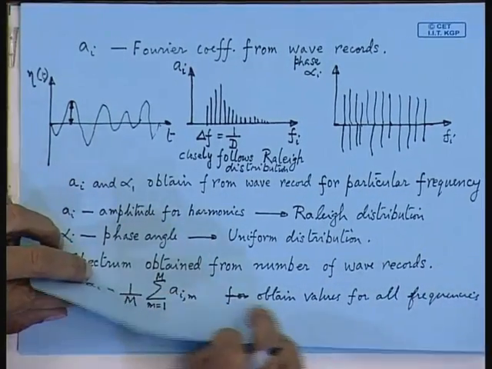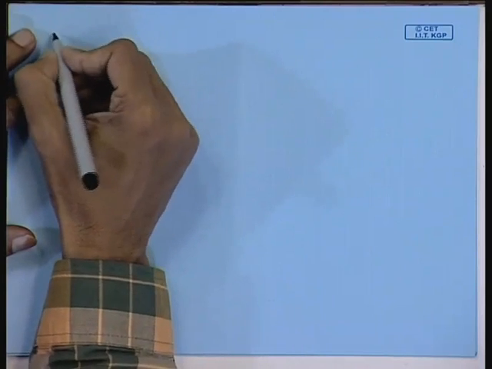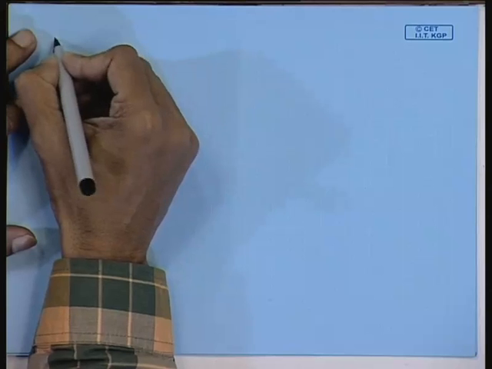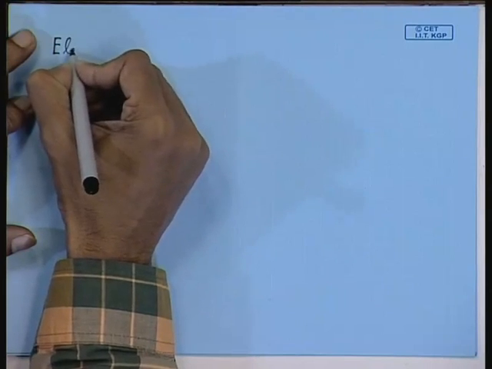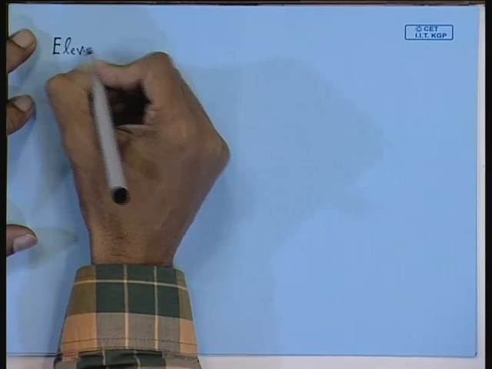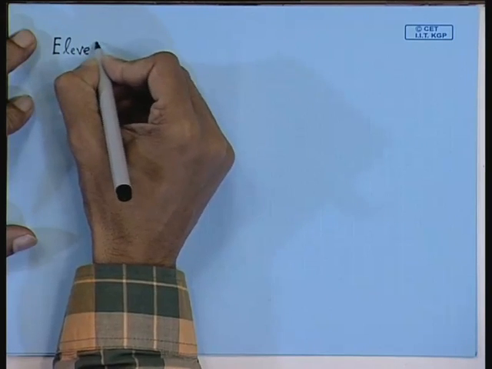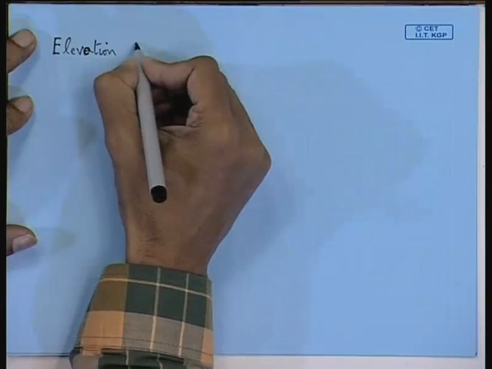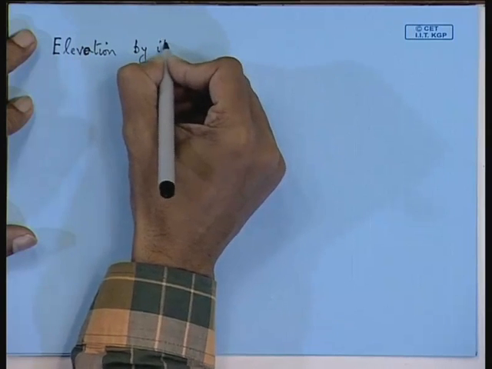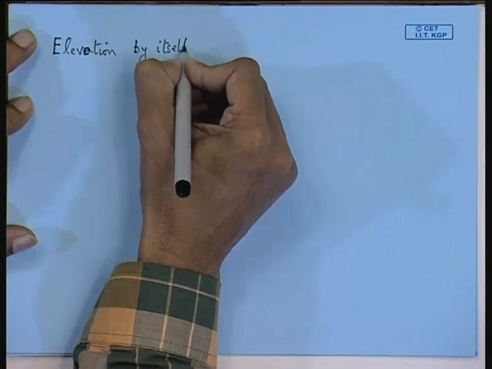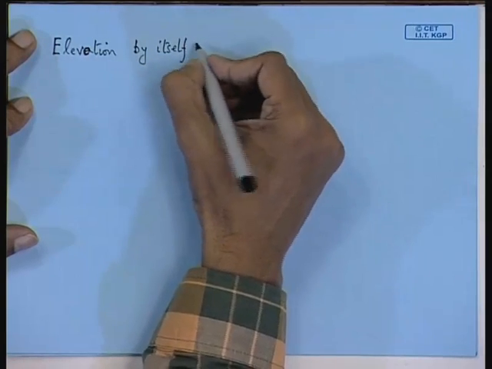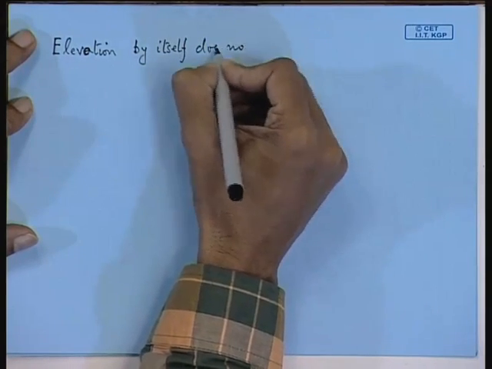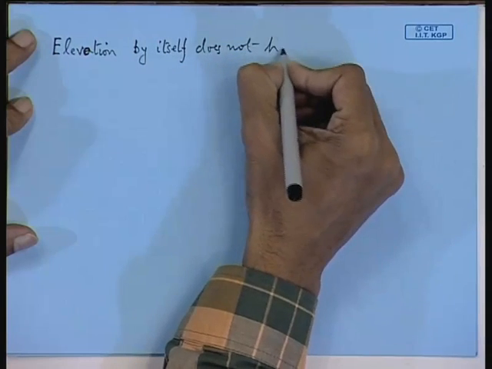Now, what is done is, instead of taking the elevation, you take the variance of the elevation. So, elevation of the surface by itself does not have any physical meaning.